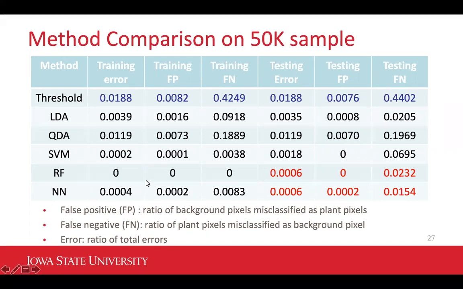Here we compare the testing error, testing false positive, and testing false negative. Both random forest and the neural network have very small false positive, as we said that we do not want the background to be classified as plant. They also have the smallest false negative.